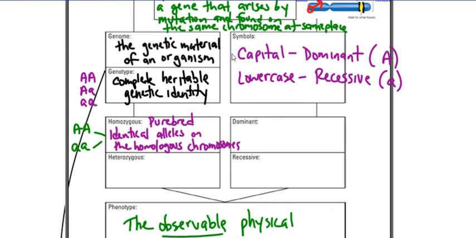On the other hand, we also have heterozygous, where we have two different alleles on the homologous chromosomes.